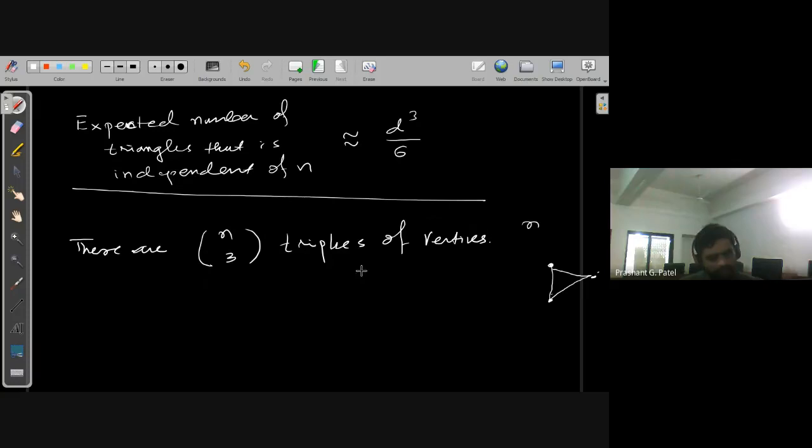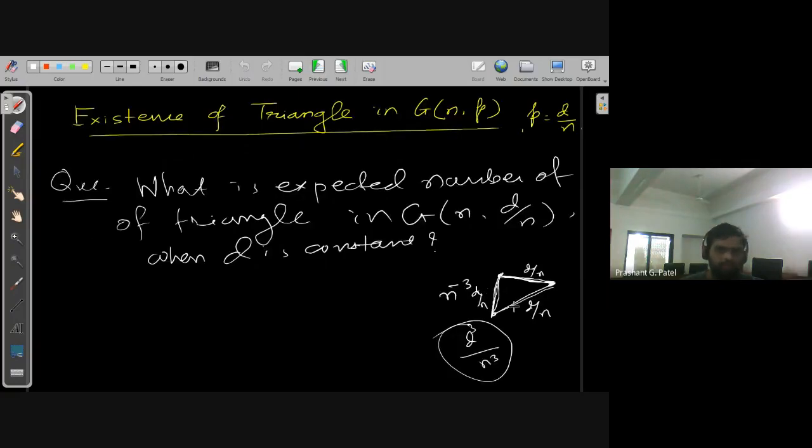And each has a probability. As I have talked about in the previous slide, what will be the probability of having each edge? Having one edge has a probability d by n, the second also has probability d by n, and the third one also has probability d by n.